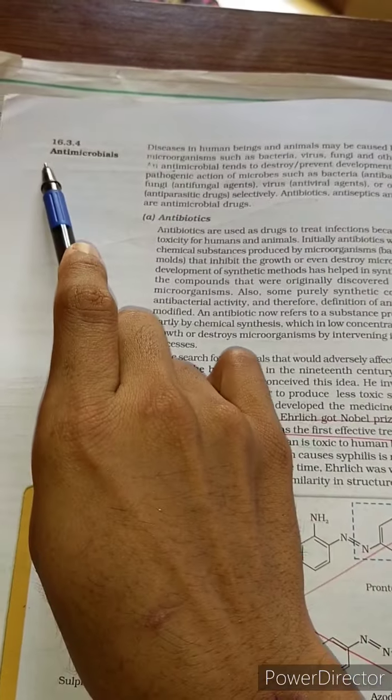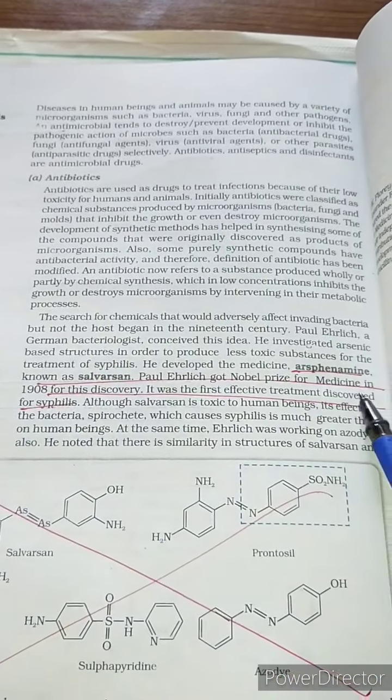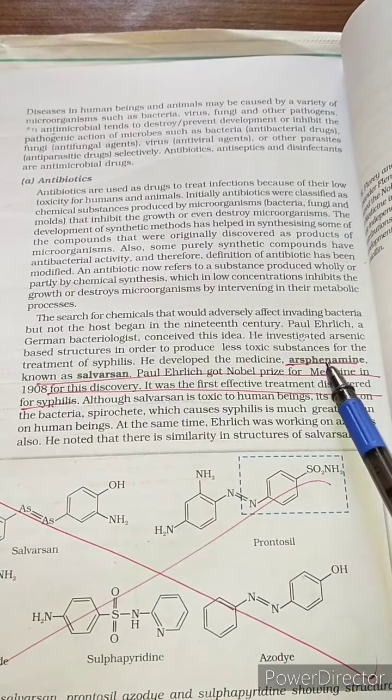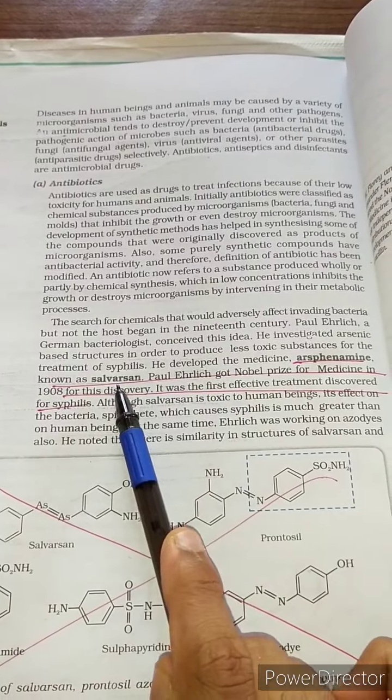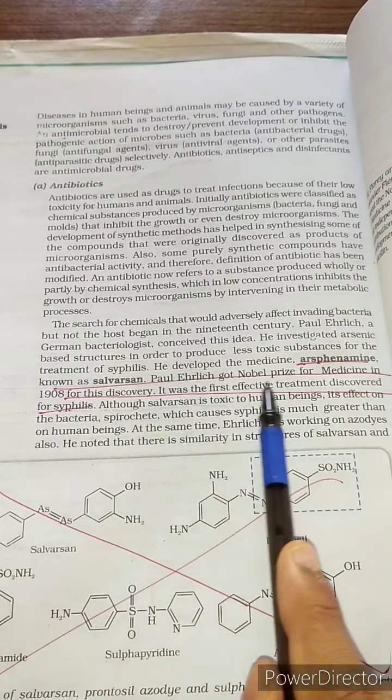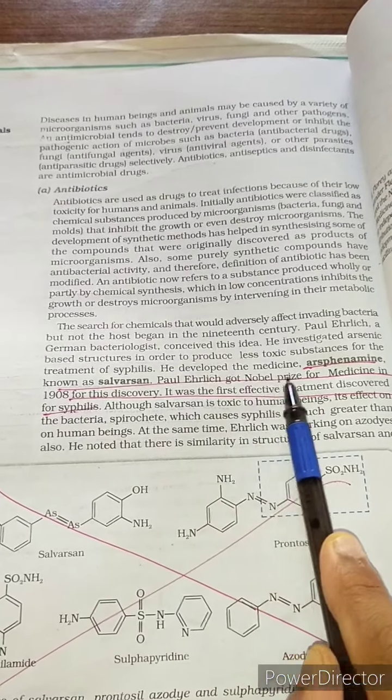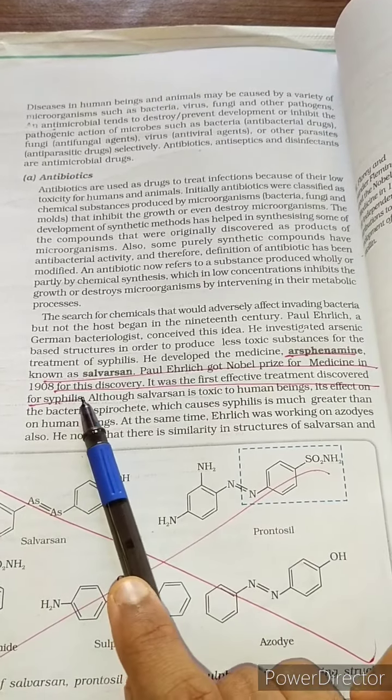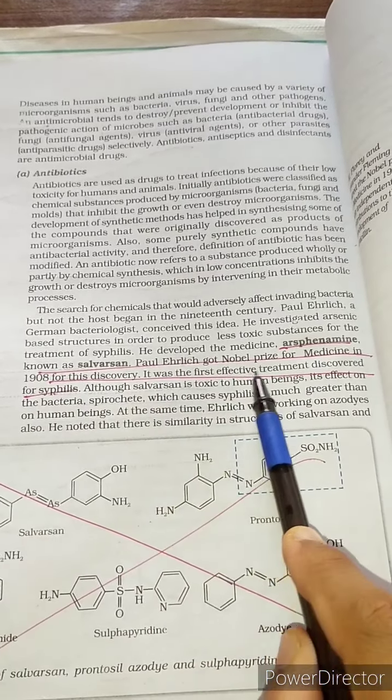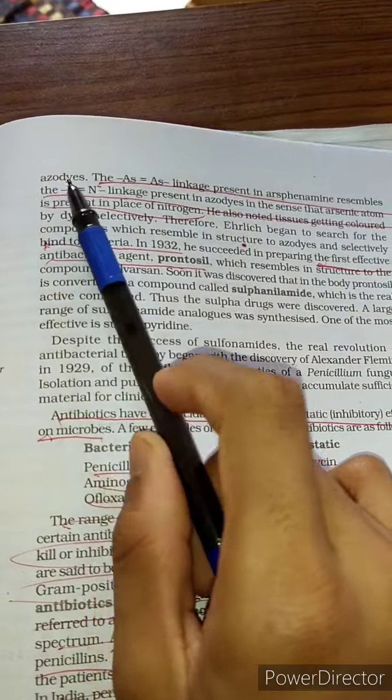Now, next topic is antimicrobials. Arsphenamine, also known as Salvarsan, earned Paul Ehrlich the Nobel Prize for Medicine in 1908 for this discovery. It was the first effective treatment discovered for syphilis. So let's study how he did that.